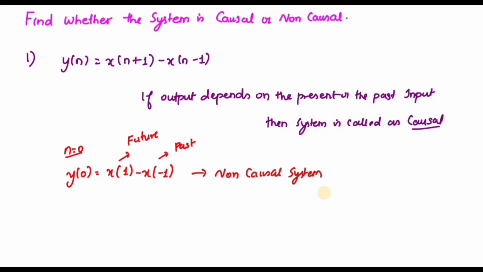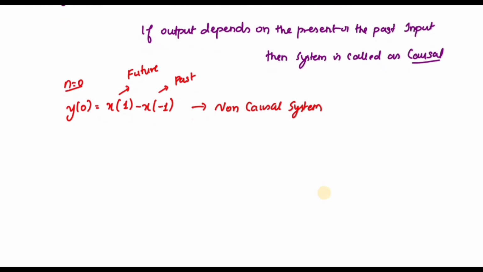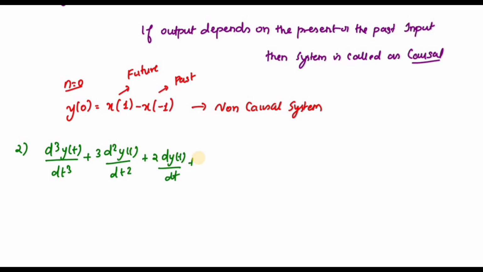Let us come to the second problem. The second problem is d cube of y of t by dt cube plus 3 d square of y of t by dt square plus 2 dy by dt plus y of t is equal to x of t plus 5.